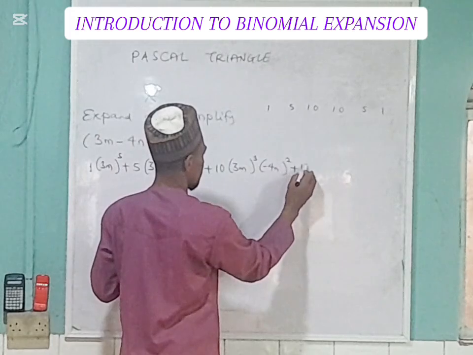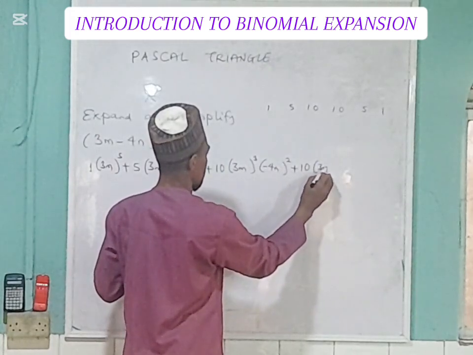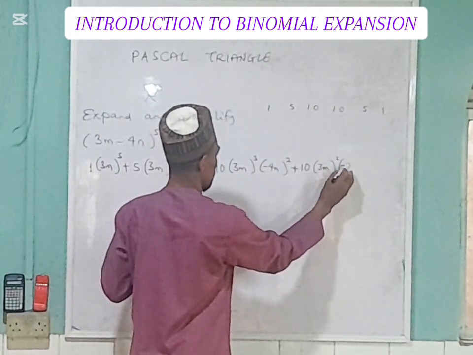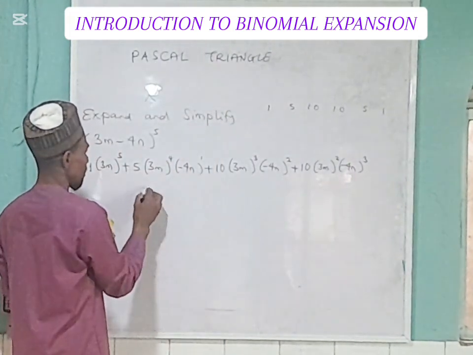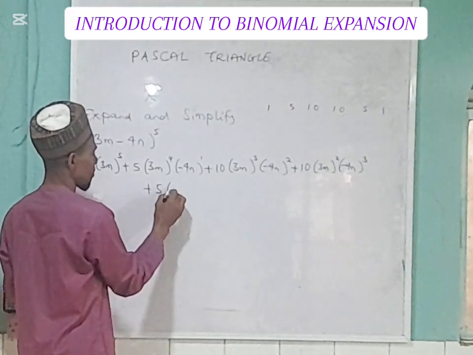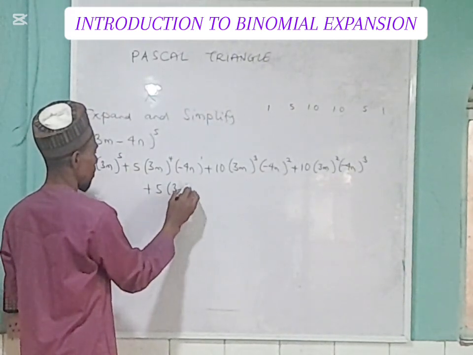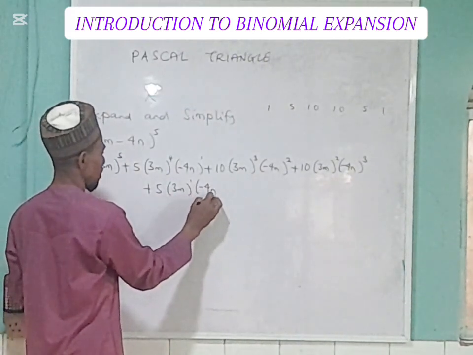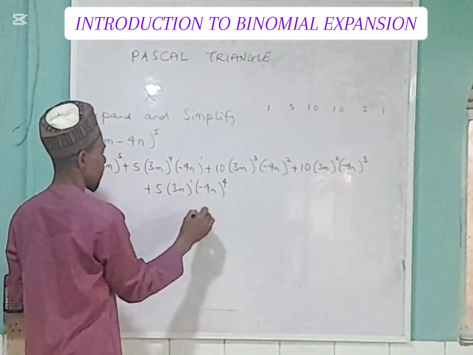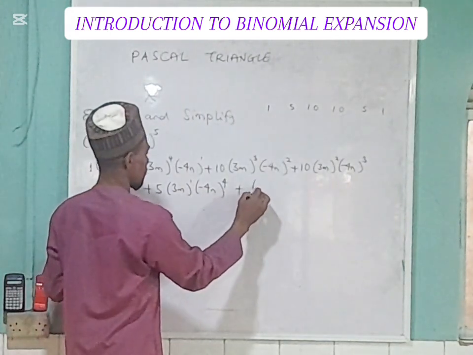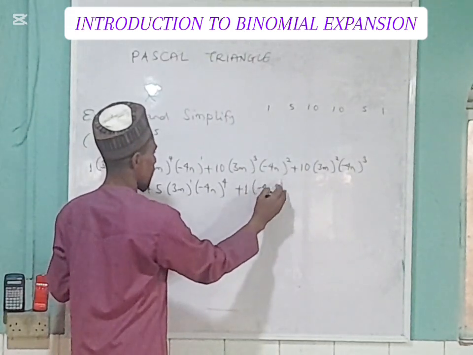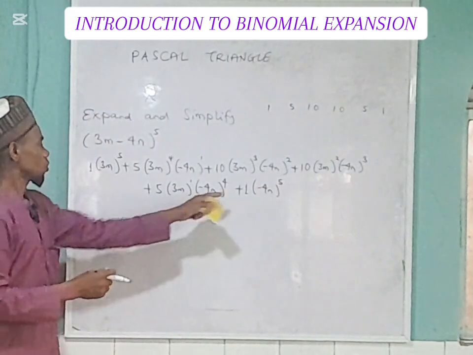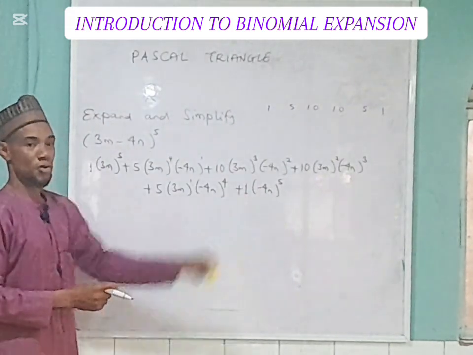Then another 10, this time around 3m to the power of 2, minus 4n to the power of 3. Then 5 now, we have 3m to the power of 1 and minus 4n to the power of 4. Then lastly, just 1, then minus 4n to the power of 5. At this juncture, there's no more 3m to the power 0 here.